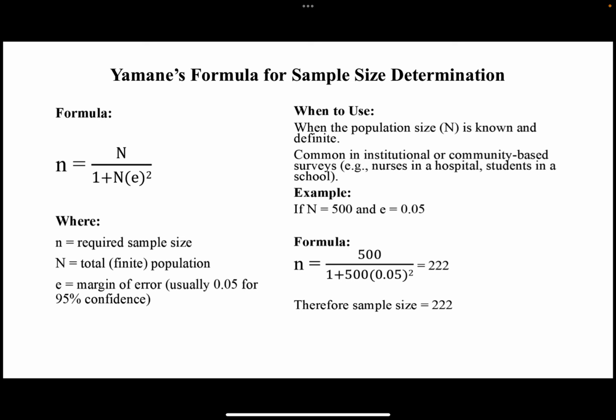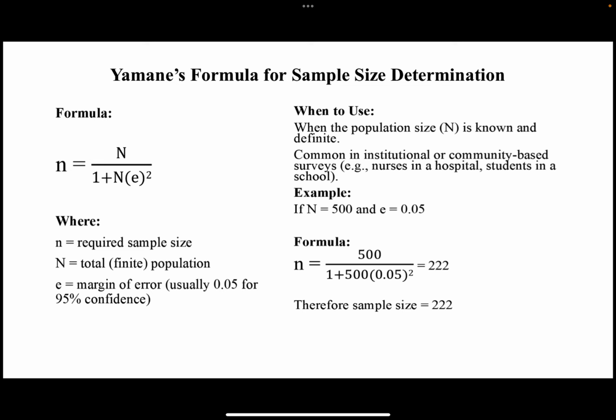You can only use Yamane's formula when you know the population size, N. The mistake a lot of people make in using Yamane's formula is that there are times they get the N wrong because the N is not from a relevant source. Remember, we do not use Yamane's formula when you do not know the N or when you are not sure of the N. The capital N represents the population size.